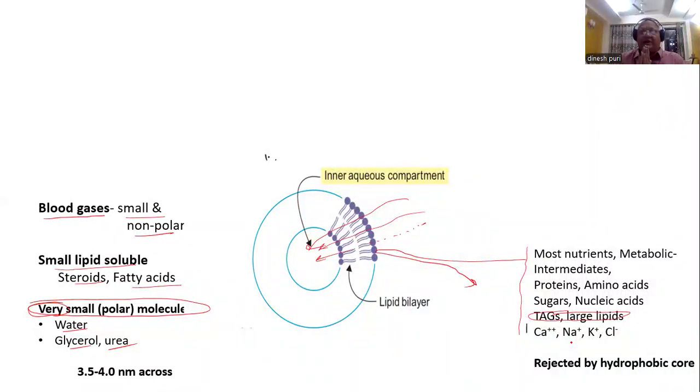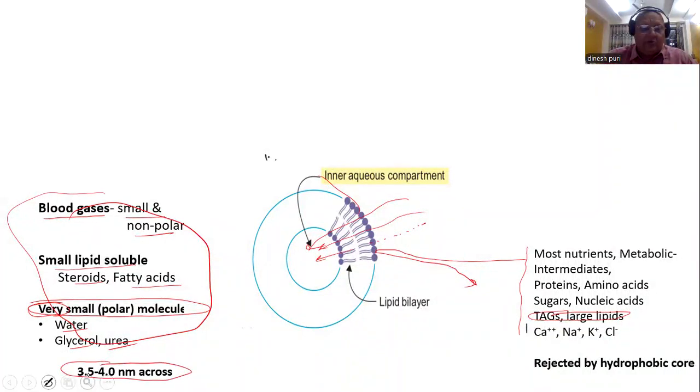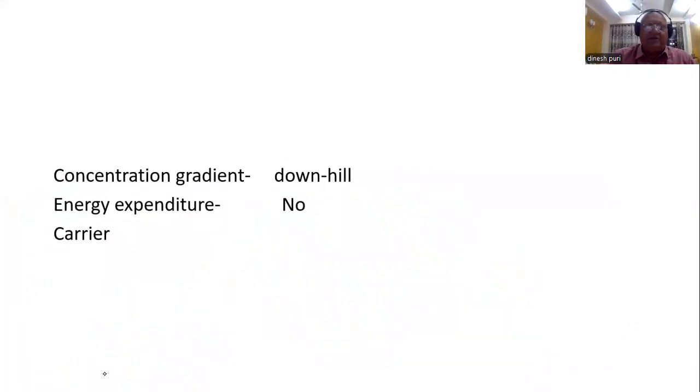So just to summarize, simple diffusion is limited to small lipid-soluble molecules as shown here. So they pass through this much of hydrophobic core easily. So simple diffusion, just to repeat: downhill, no energy expenditure, no carrier is required.